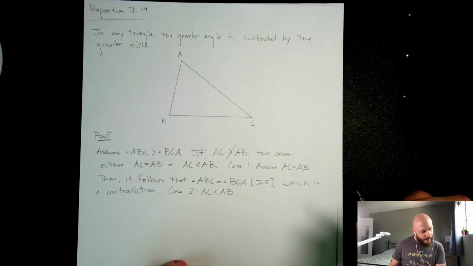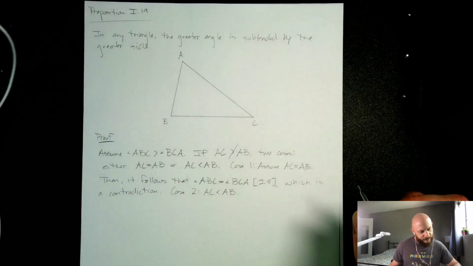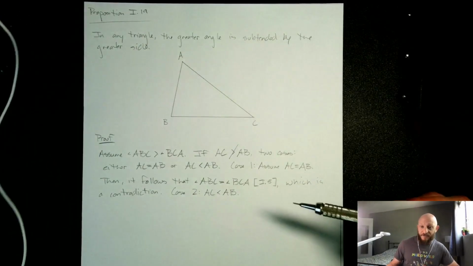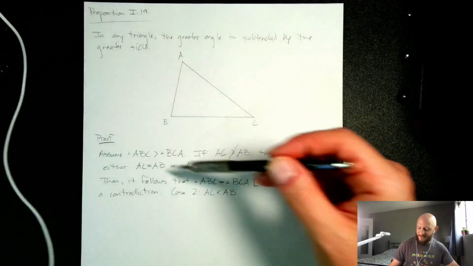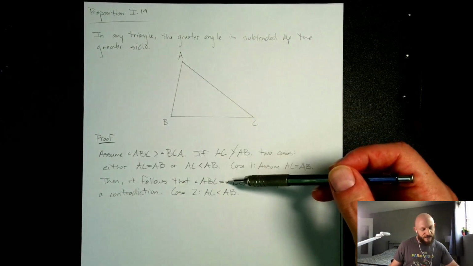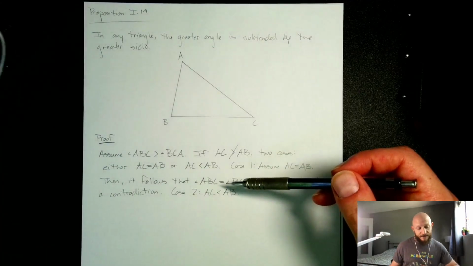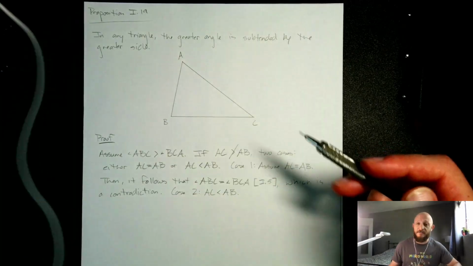Euclid does it a little bit differently, because after saying that assuming AC equals AB leads to a contradiction, he goes on to say, well, neither is AC less than AB, for then the angle ABC would also have to be less than angle ACB.